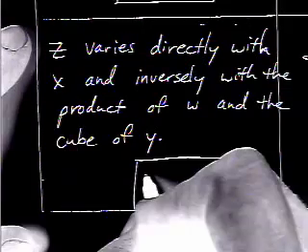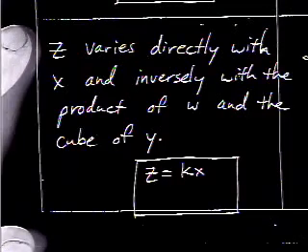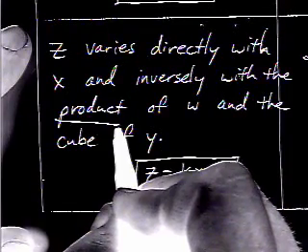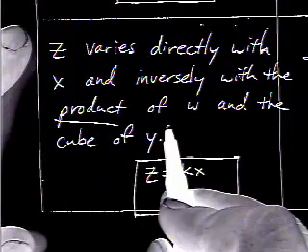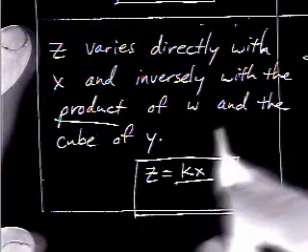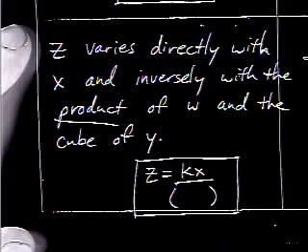Here's another one. Z varies directly with X. Okay, let's get that part down. Z varies directly with X. And inversely with the product. Okay, what's product mean? That means multiplication. The product of W and the cube of Y. So it's inversely with two things. The product of, now I don't really need those parentheses.